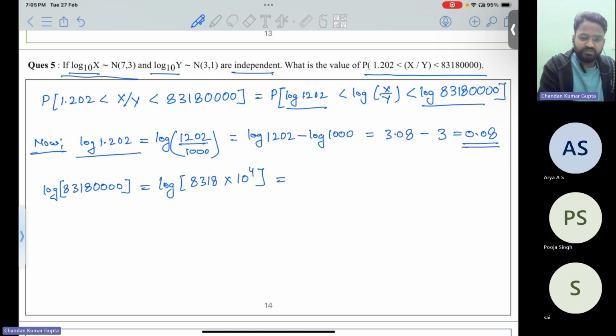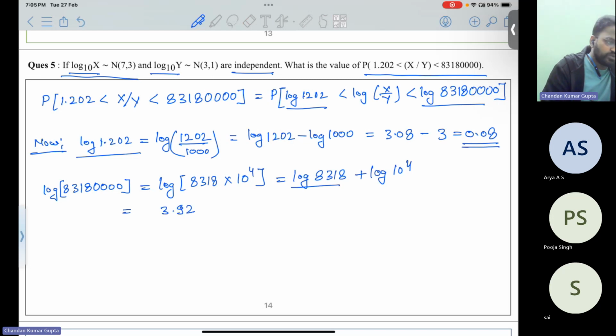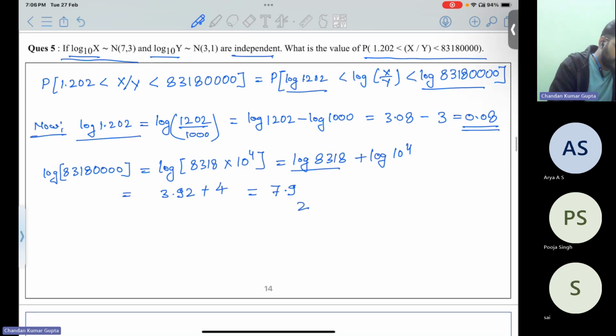So log AB can be written as log A plus log B. Using the same concept, log 8318 plus log 10 to the power 4. Again this can be calculated, which is about 3.92, and log of 10 to the power 4 is 4. Here it is plus, so it is 7.92.